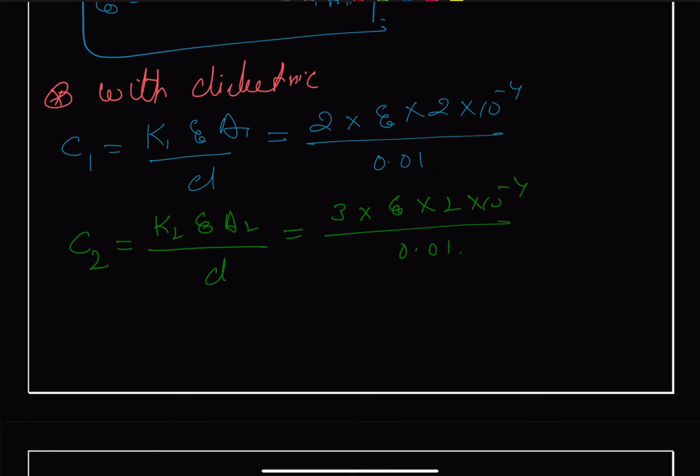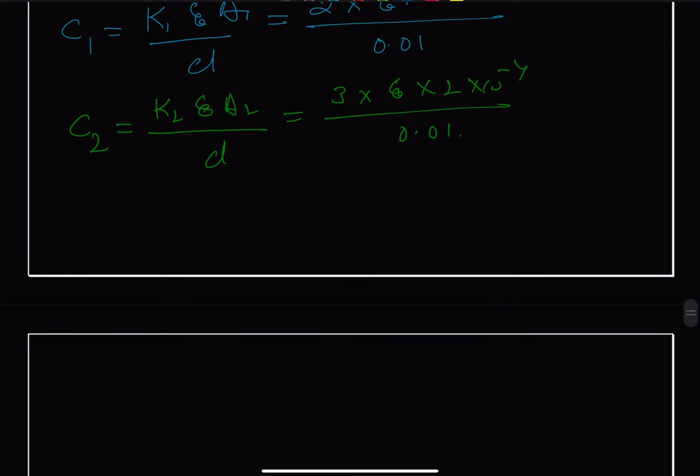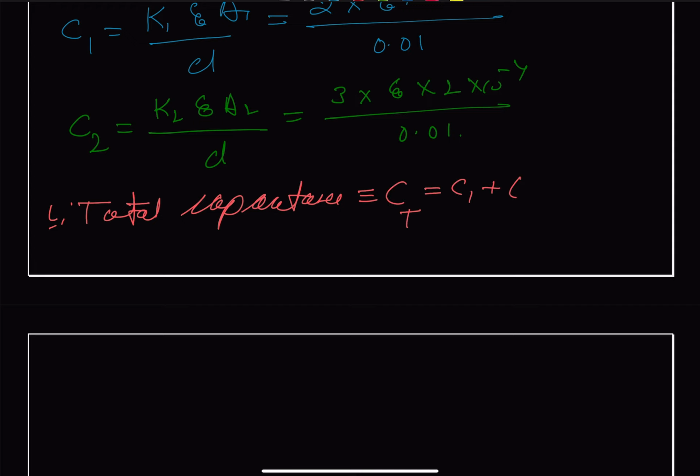So the total capacitance with the dielectric, CT, will be equal to C1 plus C2.